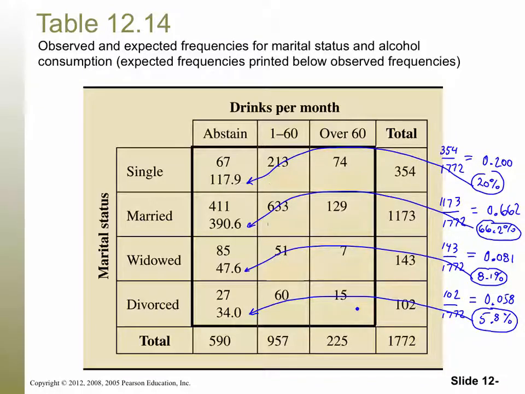Knowing how many drinks somebody has per month, you'd have no way of knowing marital status, because it's the same as your overall percentages. So all those second numbers in each box are what we would expect if the variables have no influence on each other.